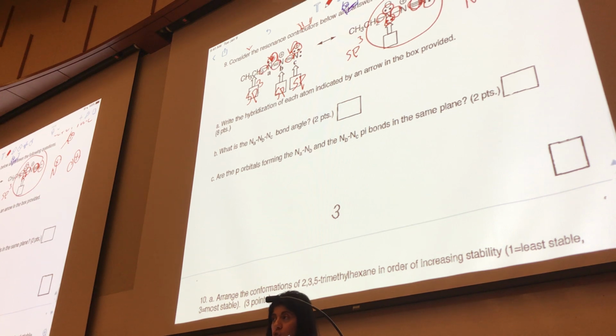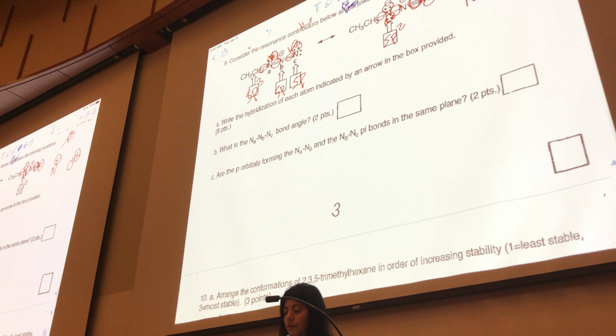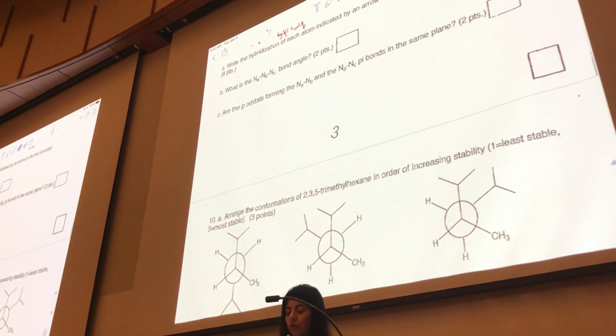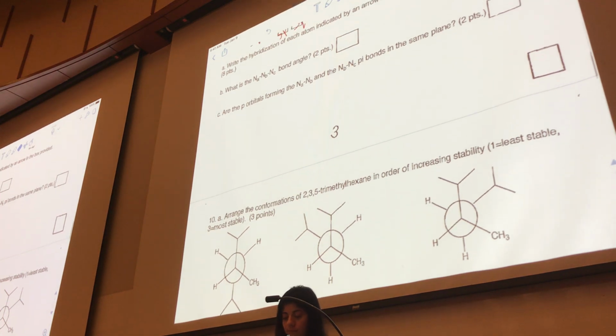So sp2. sp2 is lower, so we're going to take sp2 and put that in our box. Does that make sense? Any questions about that? Always it's going to take the lower hybridization, okay? You solve for both of them, whichever one's lower, that's your answer, okay?